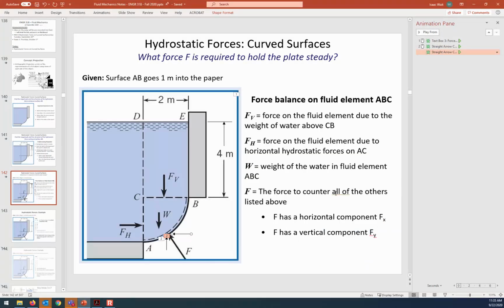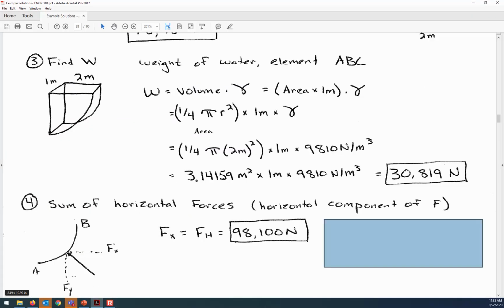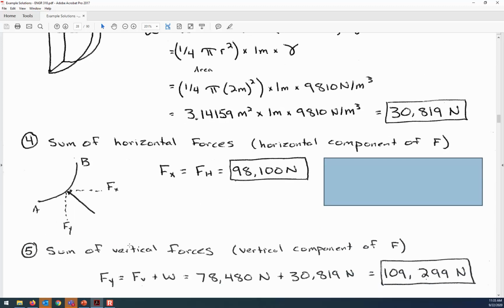All right, now what about the vertical forces, Fy? So it's just going to be the sum of FV and W. So Fy, how much do we have to push up on that gate? We have to push up on that gate enough to hold the weight of the water that's above it. So it's going to be the sum of the vertical forces.